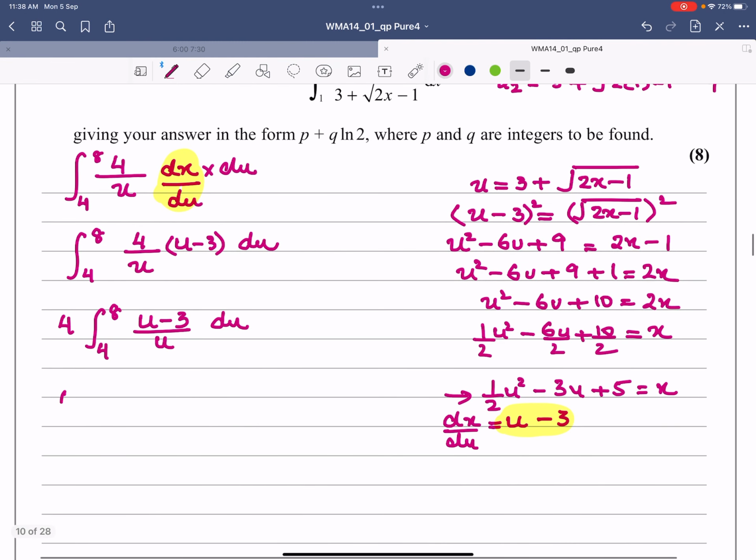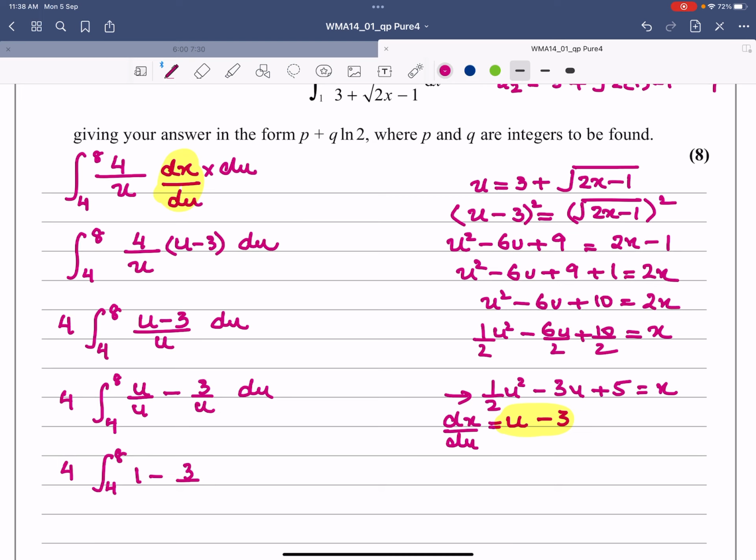So now I have 4 and u divided by u minus 3 divided by u. We write it as separate fractions. So that in turn is 1 minus 3 divided by u with respect to u.